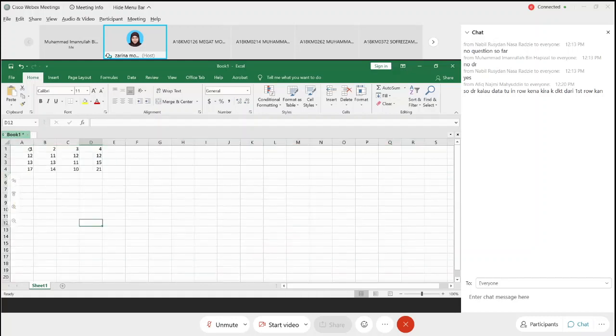If I put it like this, most of you would say you have type 1, type 2, type 3, and type 4. That's fine. What if I put it like this?